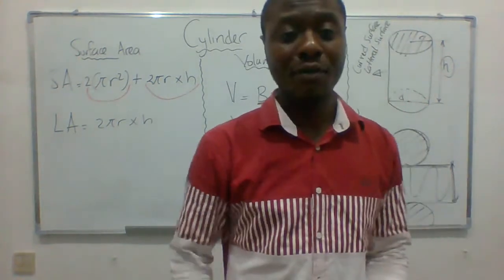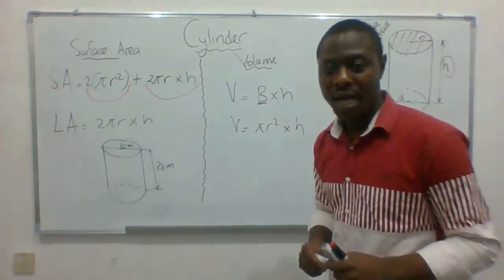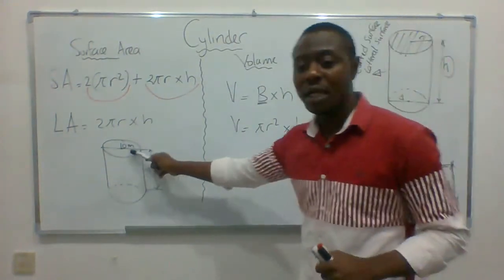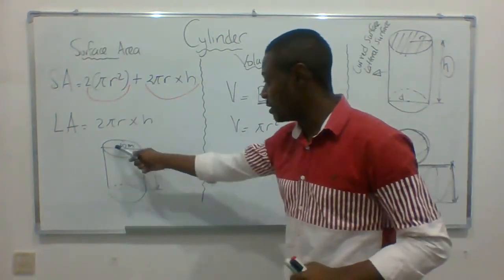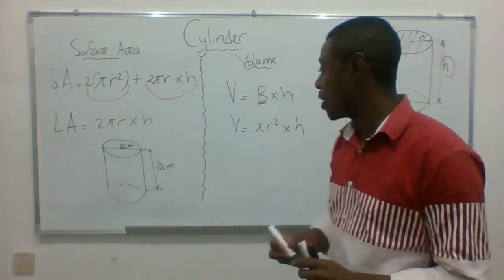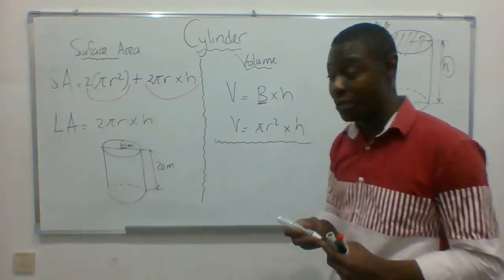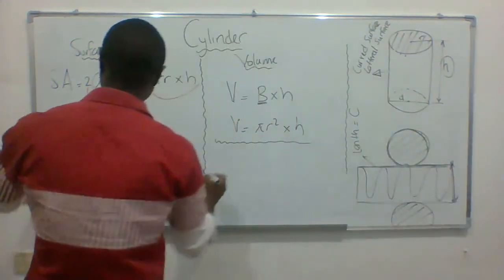Let me give you an example first before we wrap up today's class. Look at this example. I have this cylinder. There's a diameter which is equal to 10, and then the height is equal to 20. Let's find the surface area first. Now let's find the lateral area.